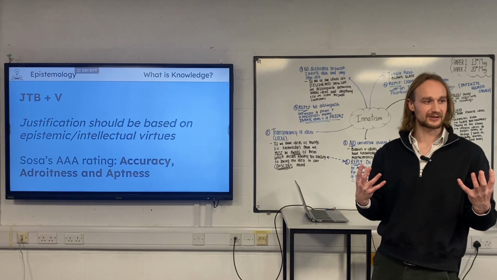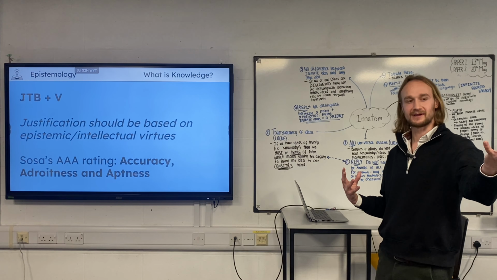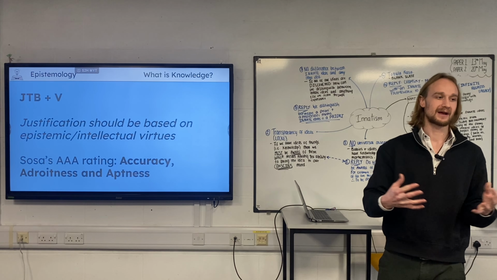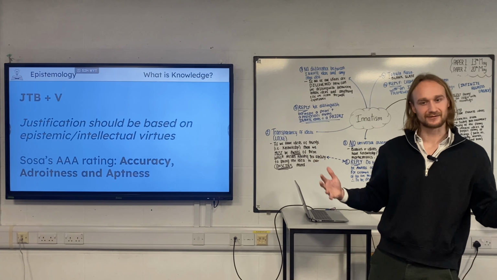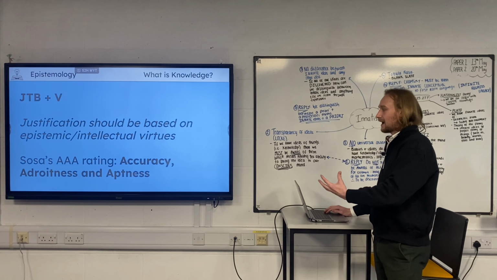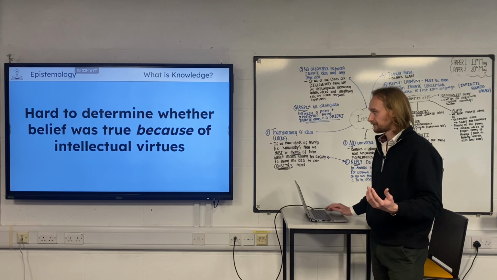Because if he uses intellectual skills, he would know that the dog disguised as a sheep wasn't actually a sheep. Therefore, it's not a justified true belief. And we might say the same about the fake barn encounter case, for example, and the rest of the cases. So perhaps this is a stronger solution to the Gettier case.